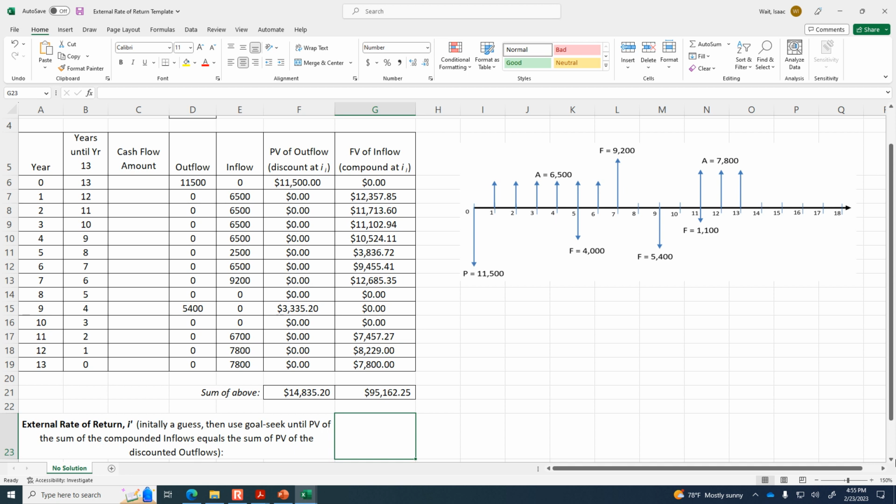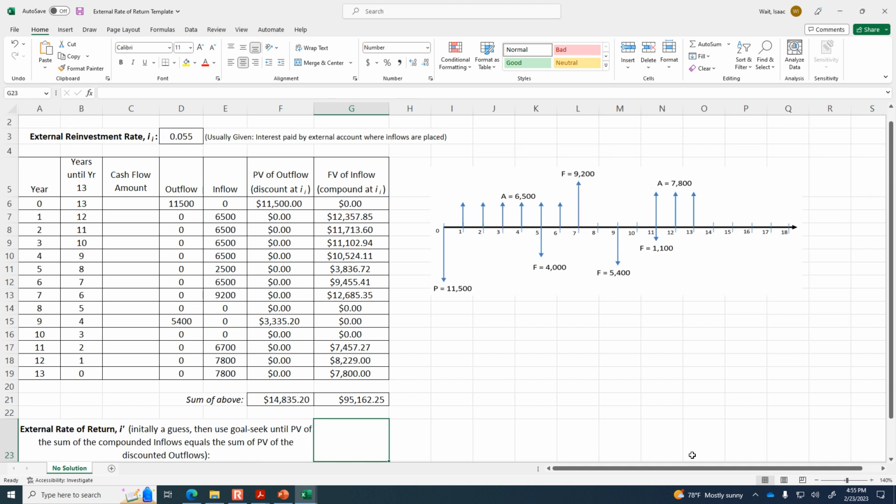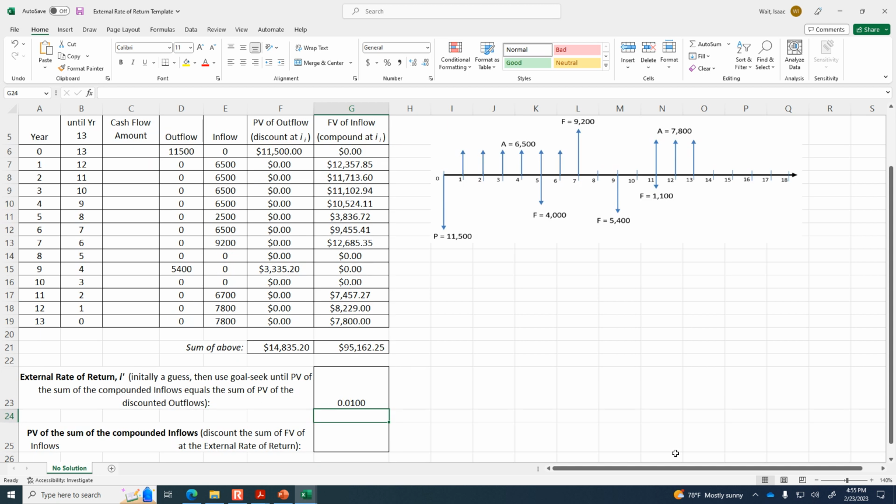So let's just put in a goal seek, like a placeholder for now, maybe 1% as a starting point. And now here in this last cell, what we're doing is we're discounting the sum of the future values to the present at this interest rate. So equals PV at the external rate of return, and the number of periods is 13 years, so I'm just typing in 13 there. And the amount that goes in, it's not a recurring payment. It's not like there's 13 payments of 95,000.